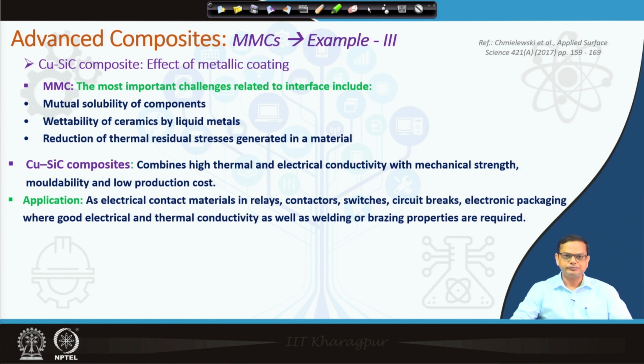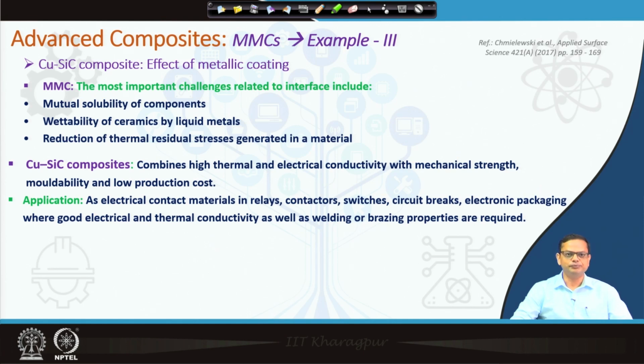The applications are in electrical contact materials, in relays, contactors, switches and circuit breakers, everywhere there is high temperature contact and wear. The material should withstand that high temperature wear problem.